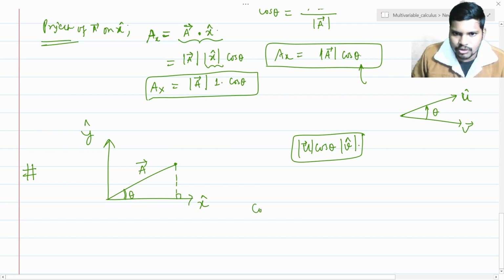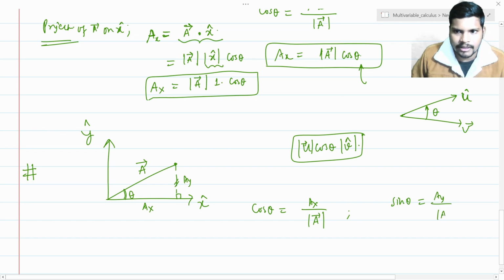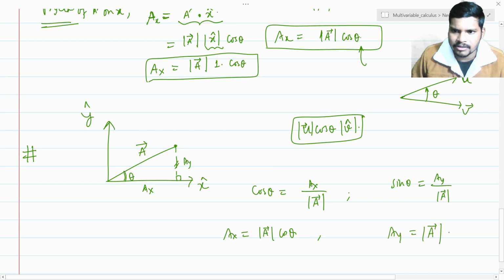So you can use cos theta to write ax as the magnitude times cos theta. Similarly, to find this one, I can use sine theta, and I can say this is ay, the magnitude times sine theta. So ax of this vector would be magnitude of a cos theta, and ay is the magnitude of the vector times sine theta.